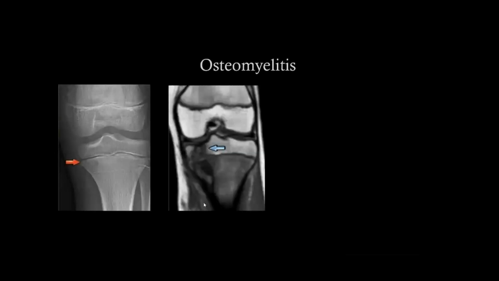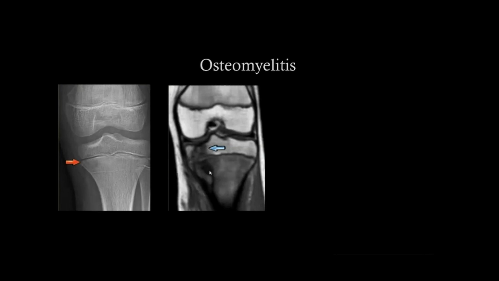The next differential, which can involve the epiphysis, is osteomyelitis. It starts in the metaphysis because of the vascularity. In early age, it may not be able to breach to the epiphysis, but with time, after the closure of the physis, it can breach to the epiphysis.